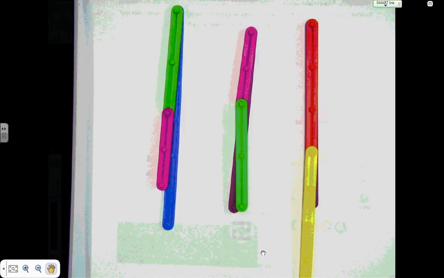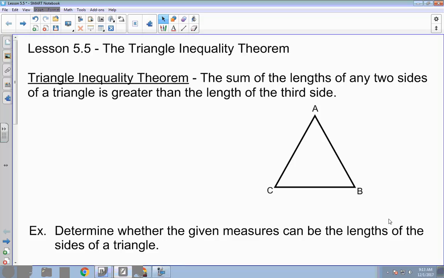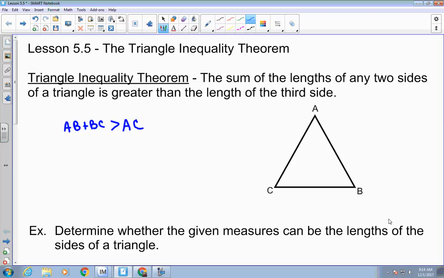Okay, so that is the triangle inequality theorem. It states that the sum of the lengths of any 2 sides of a triangle is greater than the length of the third side. So if I add AB plus BC, that has to be greater than AC.